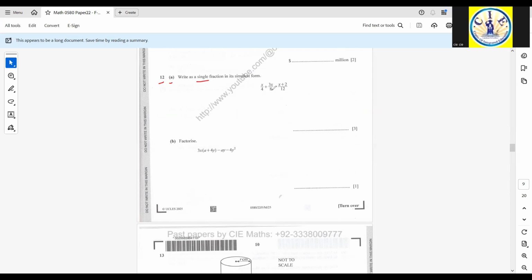So I can see that 4, 8, and 12, I'm going to write them down like 4, 2 times 4, 4 times 3, in order to have their denominators the same. Okay, let me find the LCM of 4, 8, and 12.